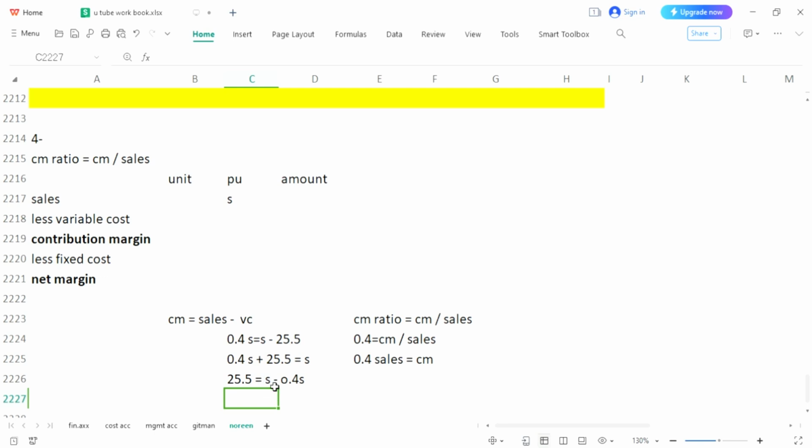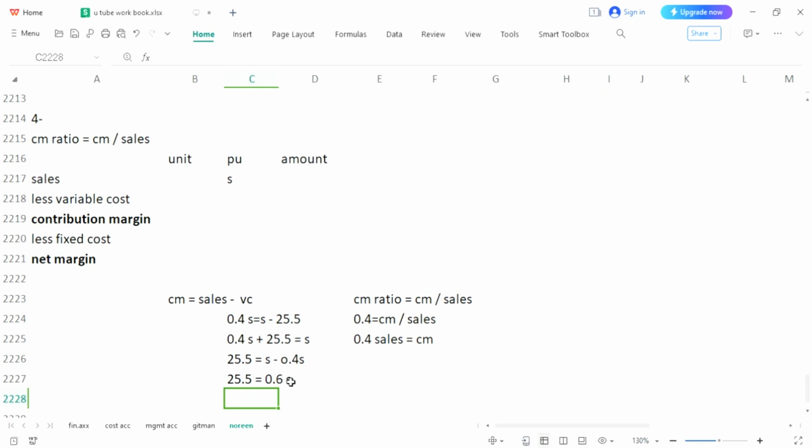So 1S minus 0.4 S. 1 minus 0.4 would be 0.6 S. 25.5 is equal to 0.6 S. The next step is what? 0.6 is being multiplied with this S. You want to take it to the opposite side, it would be divided. 25.5 divided by this 0.6, and what would be left on the right side?